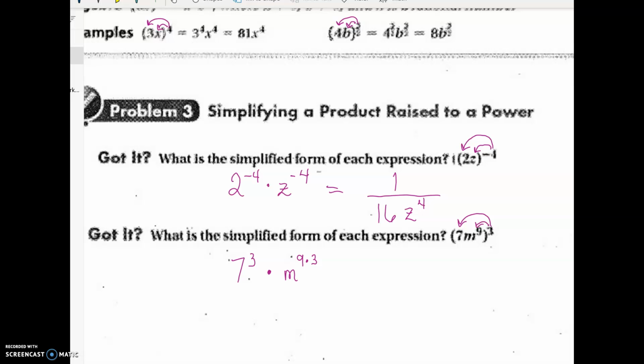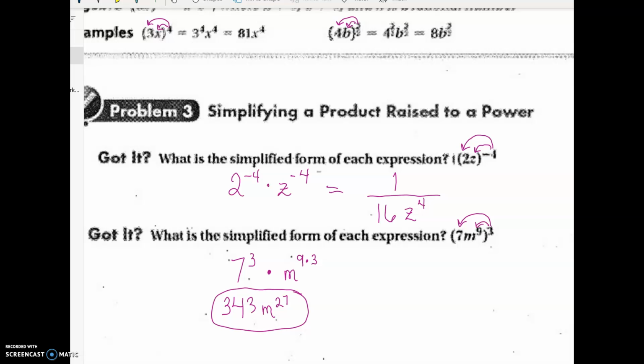So we would multiply the 9 and the 3 together there. So 7 to the 3rd is going to give us 343. And then here we would have m to the 27th. So that is what we would end up with for that other example.